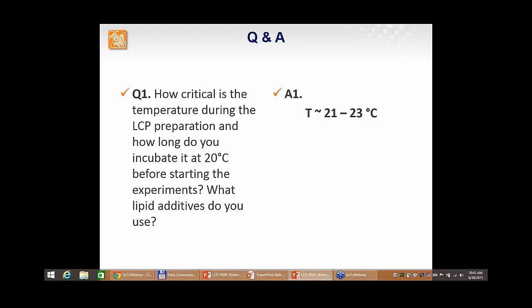Below 20 degrees, your LCP actually can have a chance to freeze and form a lamellar crystalline phase. So this window of 21 to 23 degrees is sort of ideal to set up your samples. If you work with shorter chain lipids such as 7.9 or 7.7 MAG, you can work even at lower temperatures than 21 degrees.